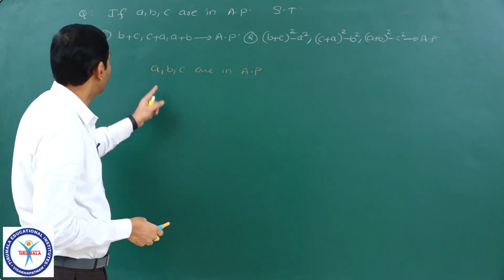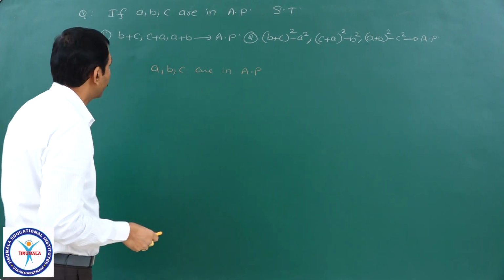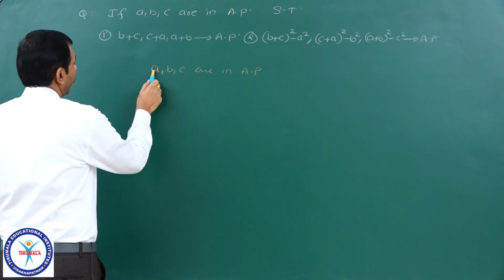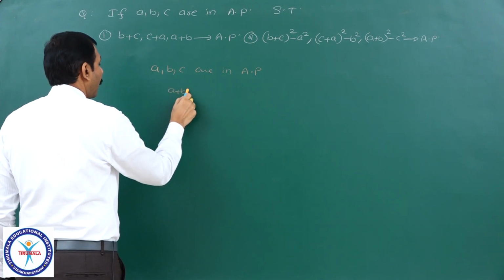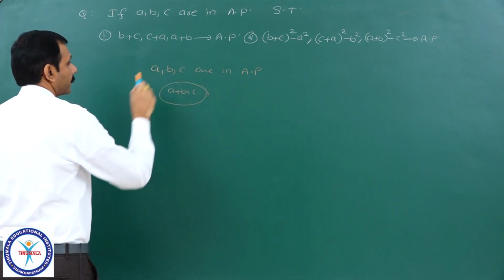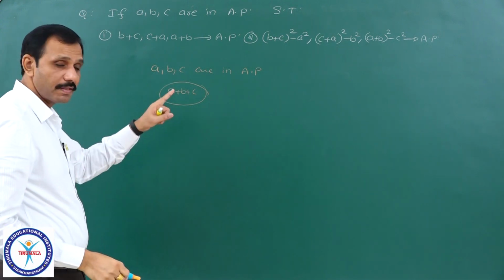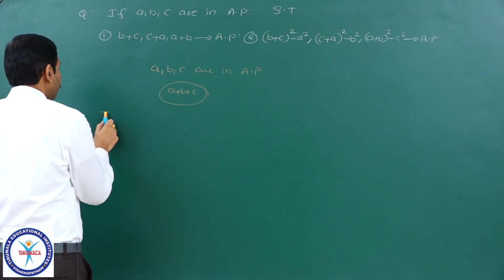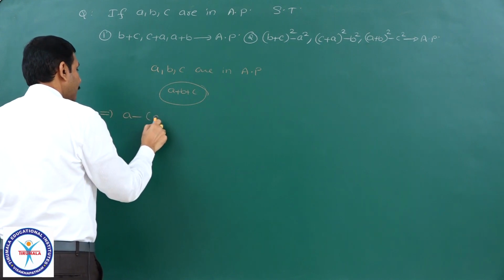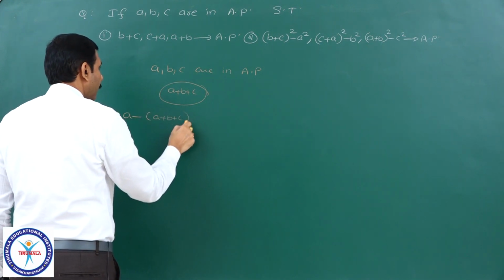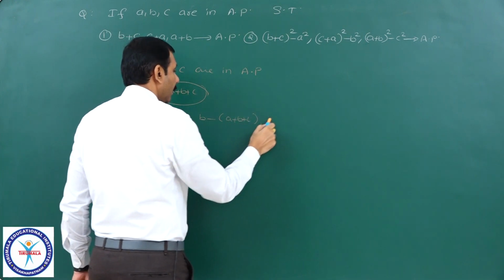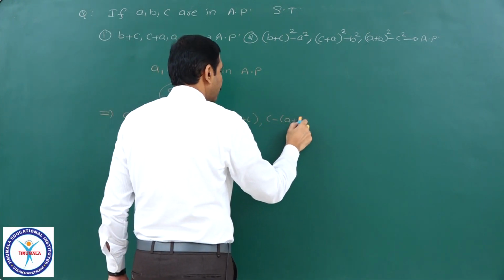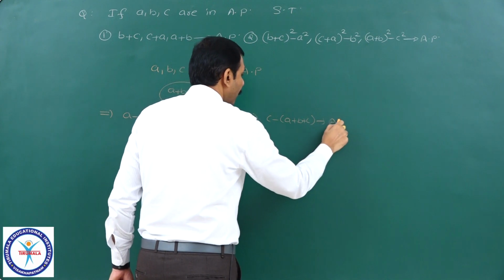Here you see, A, B, C are in AP. If I subtract A plus B plus C from all these three terms, still the resulting sequence is an AP only. That is A minus of A plus B plus C, B minus of A plus B plus C, C minus of A plus B plus C are also in AP only.